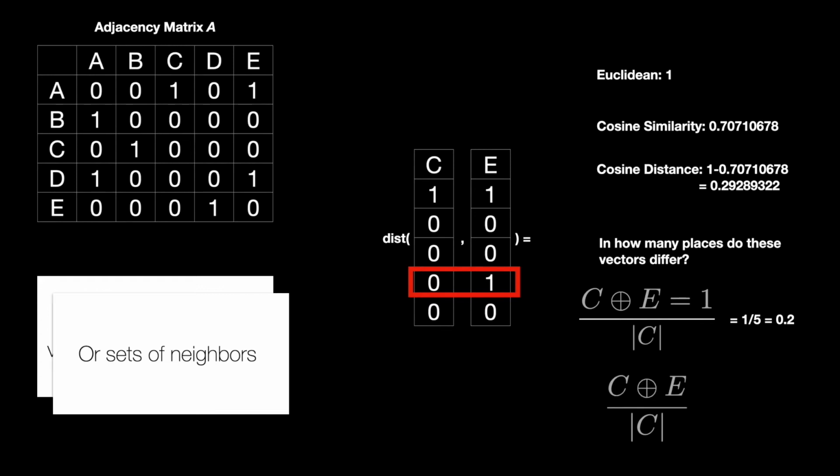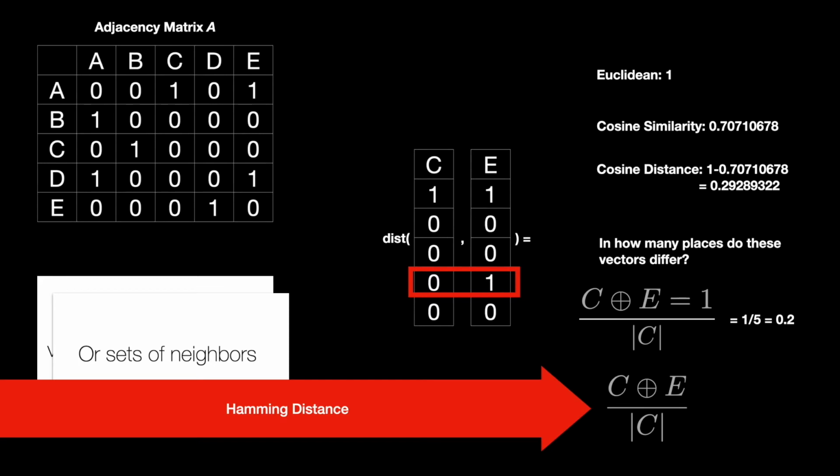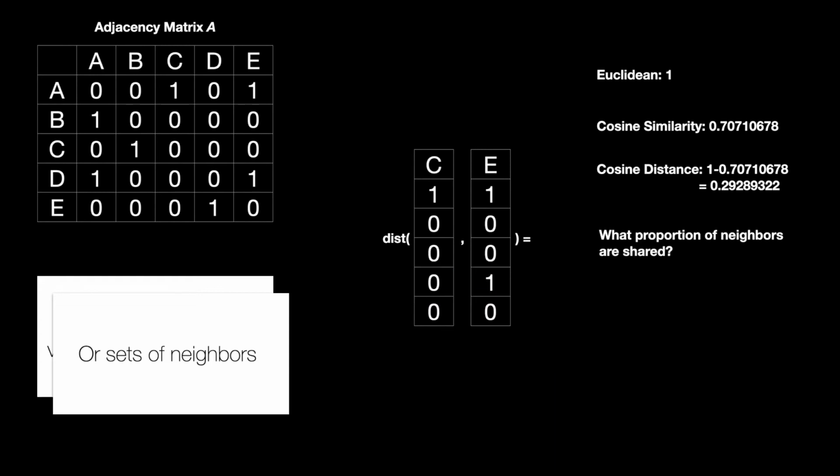This is a general distance metric called Hamming distance that comes up a lot when you have binary sets or binary vectors. Alternatively, we can do a different kind of distance metric based on the proportion of shared neighbors. So of the neighbors that these two columns have, how many of them are shared between them? Here we can look at the intersection between these two sets of neighbors.